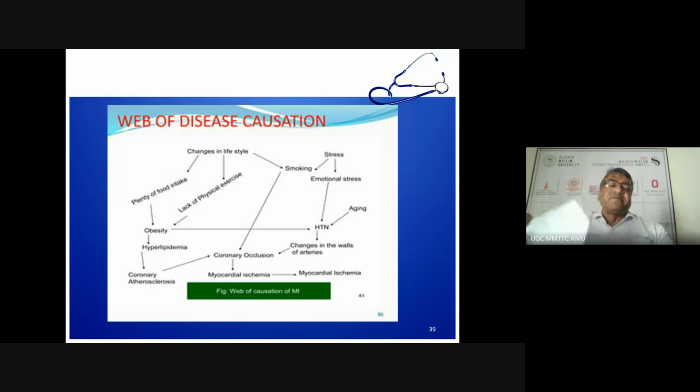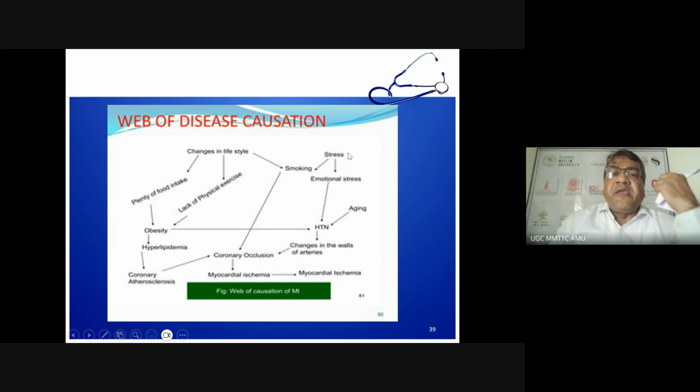If there is a compromise or decreased circulation, it gives rise to myocardial ischemia. Some part of the heart may have a deficient blood supply, become necrosed or dead, and this gives rise to myocardial infarction.